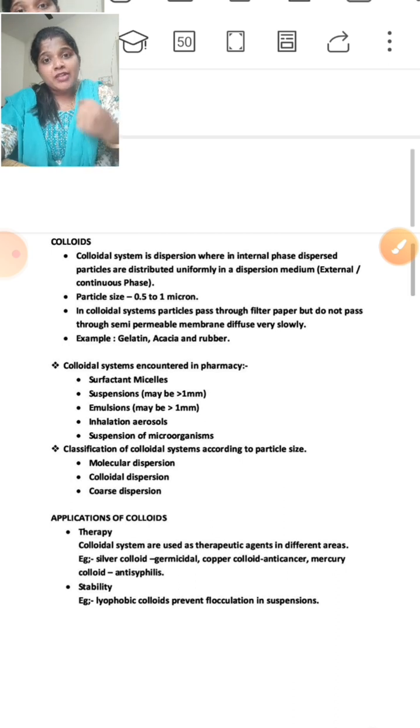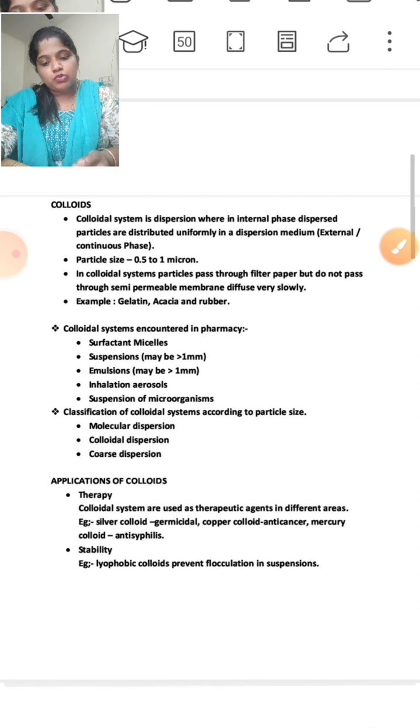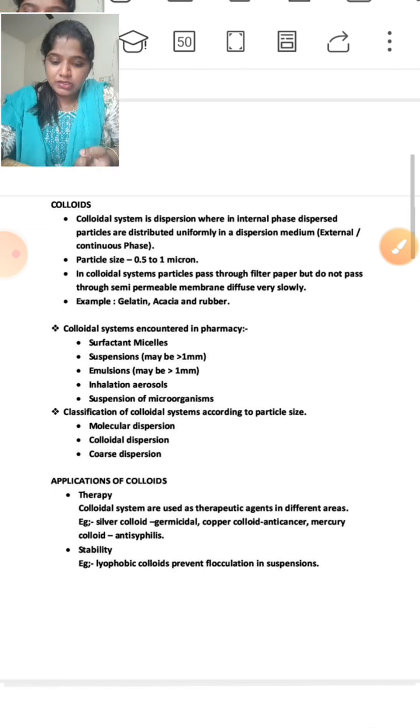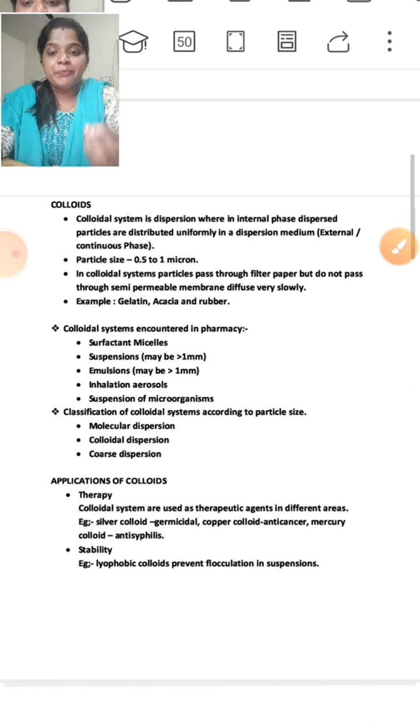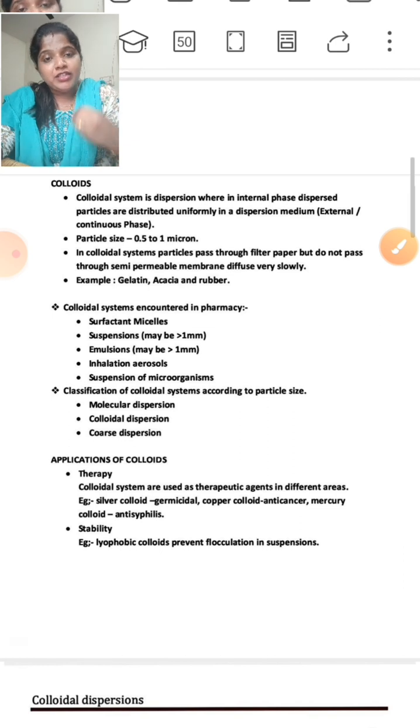So we have to know why colloidal particles do not pass through a semipermeable membrane. All colloidal particles cannot pass through a semipermeable membrane in dialysis as well as osmosis, because they are mixtures in which microscopically dispersed insoluble particles of one element are suspended in another element.